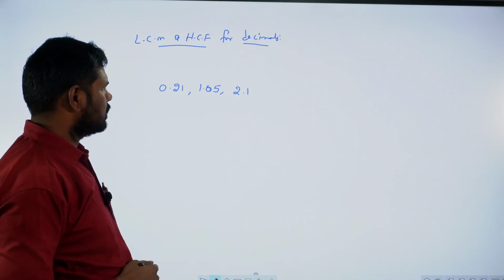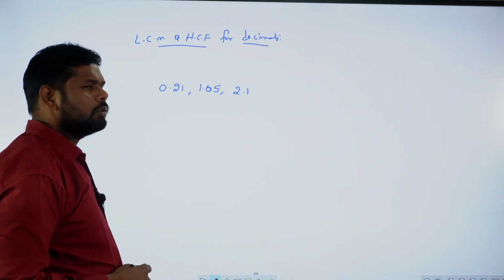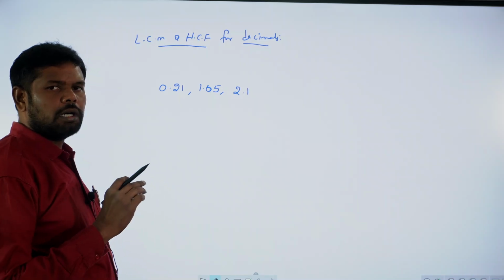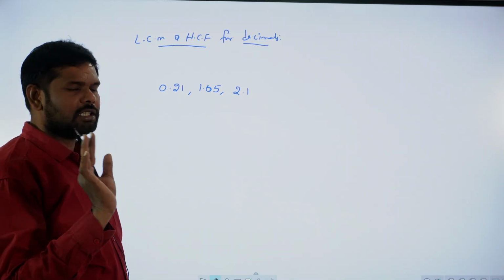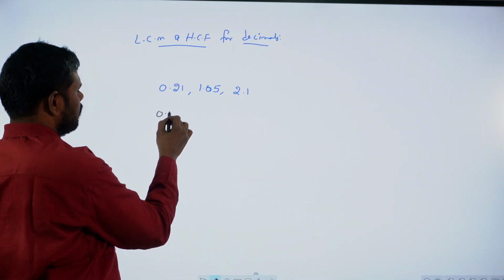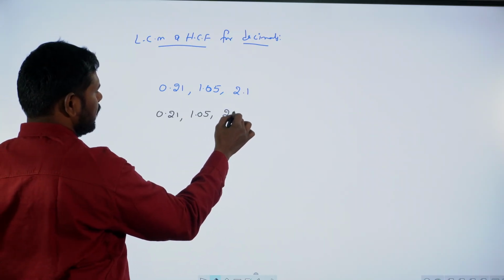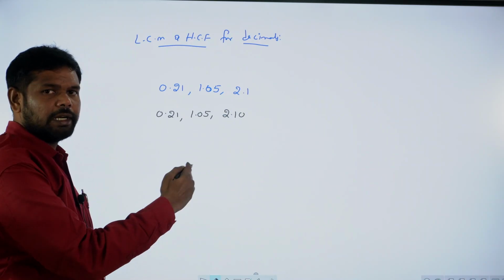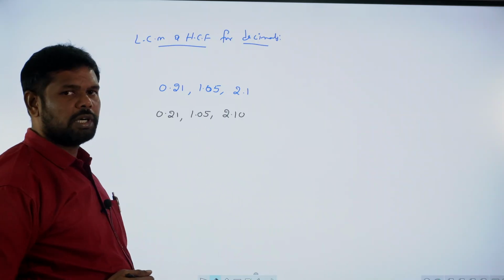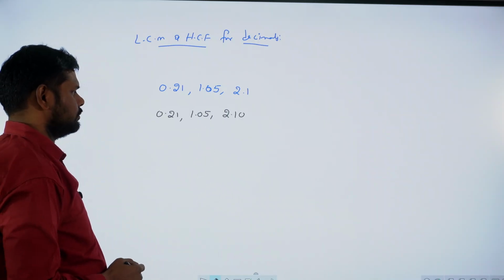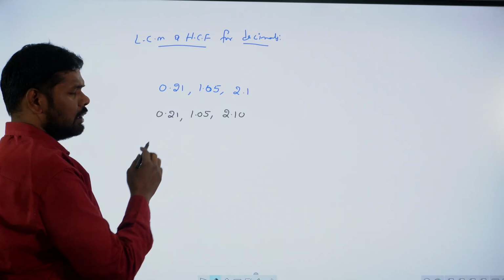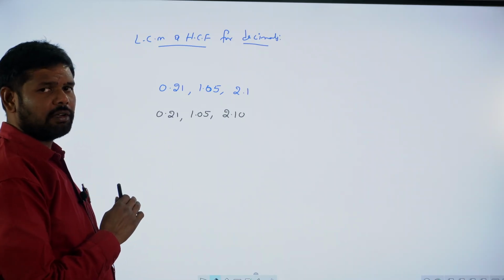First you need to write all numbers with equal decimal places. It is 0.21, and 1.05 is fine, but you need to write zeros on the right side to get the same number of decimals, so 2.10.